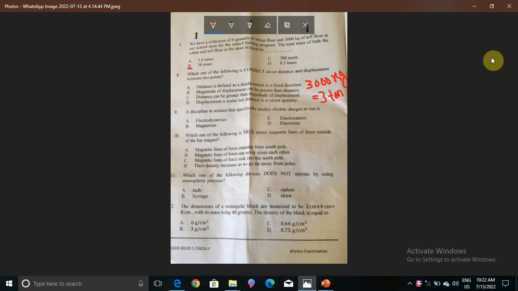And in choice D, what we have, displacement is a scalar but distance is a vector quantity. No, displacement is vector quantity and distance is a scalar quantity. So that means the correct choice for question number 8 is C. Distance can be greater than magnitude of displacement, because displacement is the shortest path, not the distance.